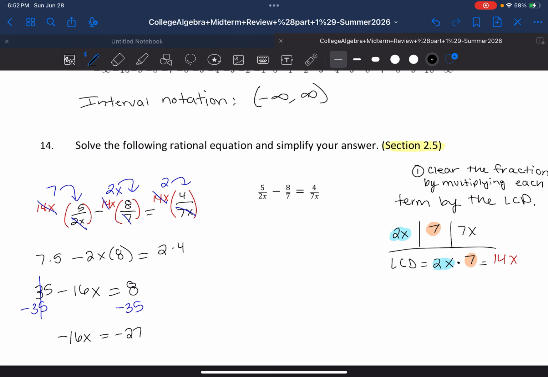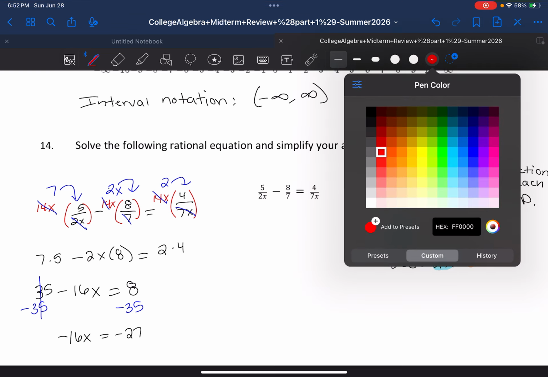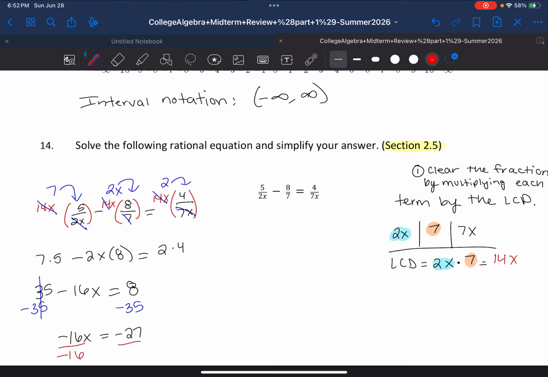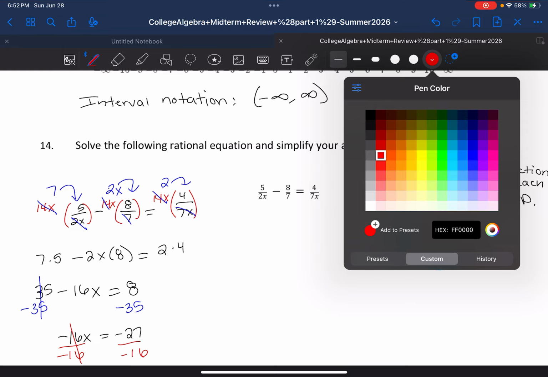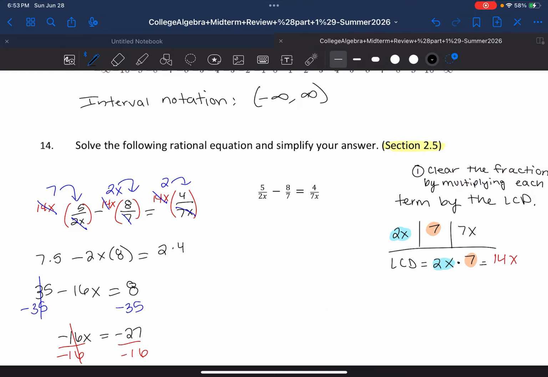And so finally I will divide both sides by negative 16 here. So x will be equal to positive 27 over 16, since negative divided by a negative is positive. And that would be my final answer. You can't simplify that anymore.